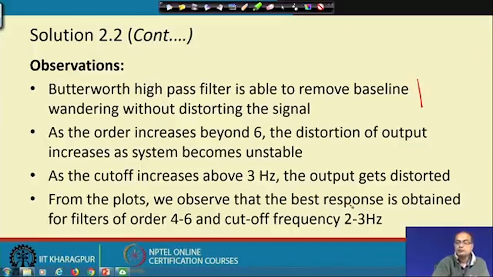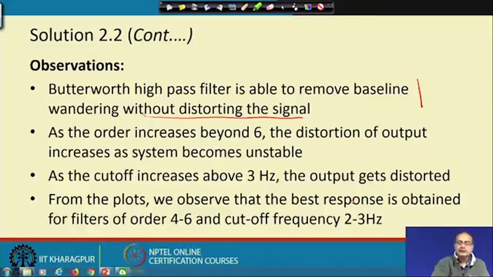That means, if we properly choose the parameters, we can remove the baseline wandering from the signal without distorting it, but for that we need to choose the parameters carefully, and two parameters are important: one is the cutoff frequency, another is the selection of the proper model order.